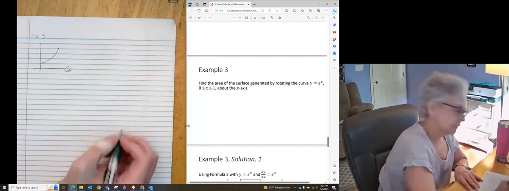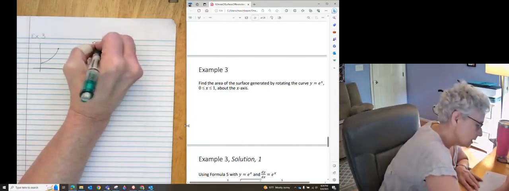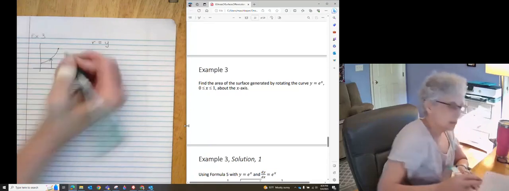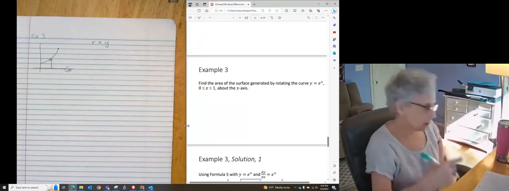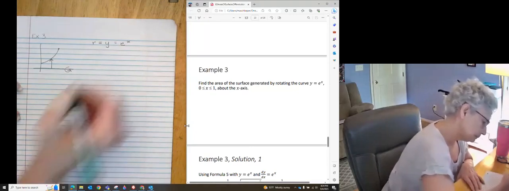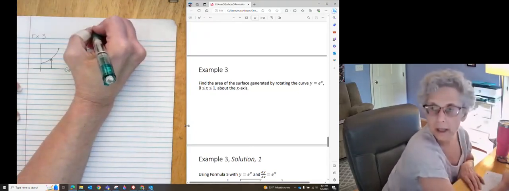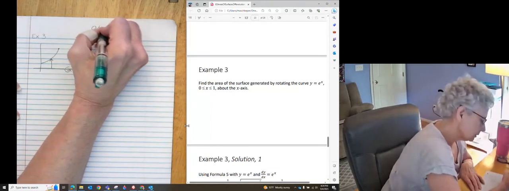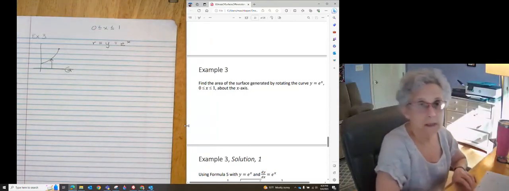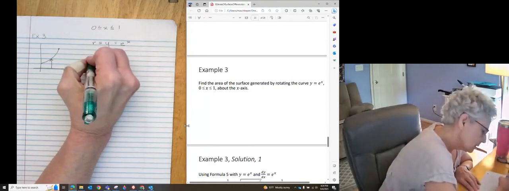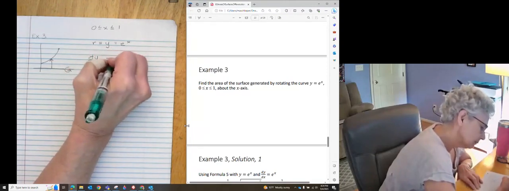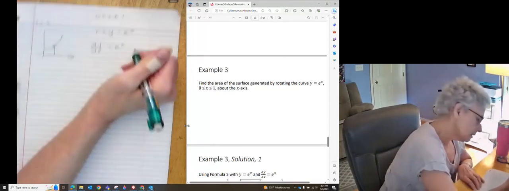So since we're going around the x-axis, my radius is equal to y, the distance from the axis of rotation to my curve, which is e to the x. And we're going from x equals 0 to 1. So let's integrate with respect to x. So my dy/dx is e to the x.